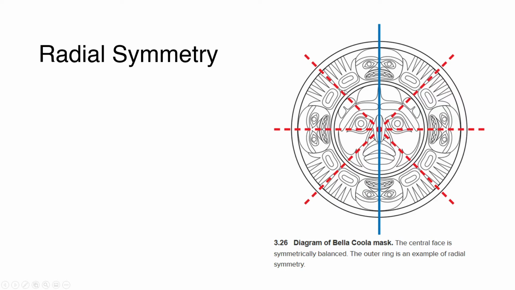So in this case, the center point right here is symmetrically balanced by using this vertical axis, whereas these surrounding faces are created with radial symmetry, with the center point as the reference point.